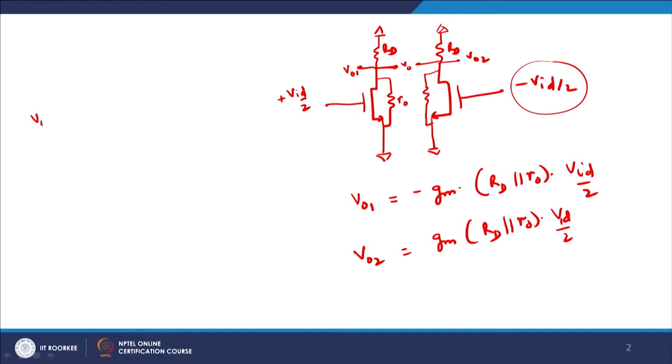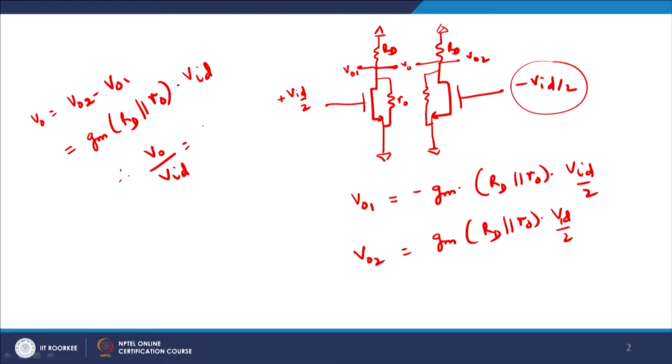Therefore, output voltage VO will be equal to VO2 minus VO1, and this comes out to be GM times RD parallel to RO multiplied by VID. Therefore VO by VID is nothing but GM times RD parallel to RO.